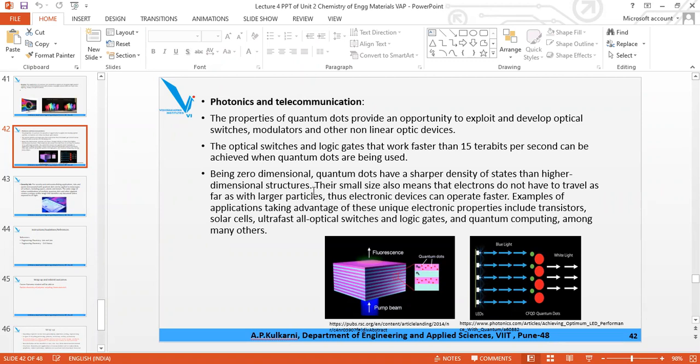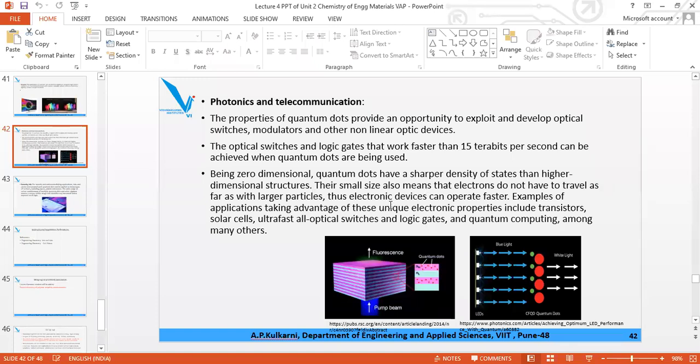Being zero dimensional, quantum dots do not orient in any specific direction. They have a sharper density of states than higher dimensional structures. Higher dimensional means those having more dimensions, that is one dimensional, two dimensional, three dimensional, four dimensional, etcetera. They have a sharper density.